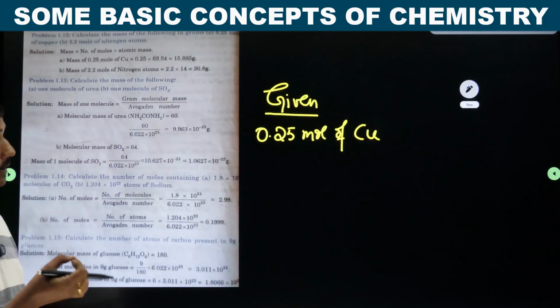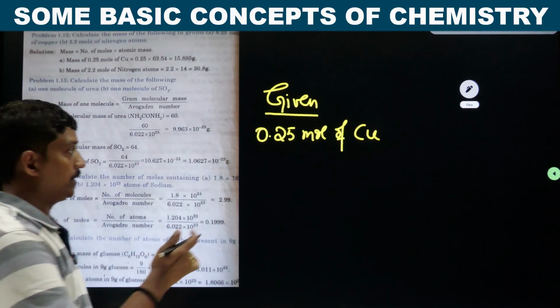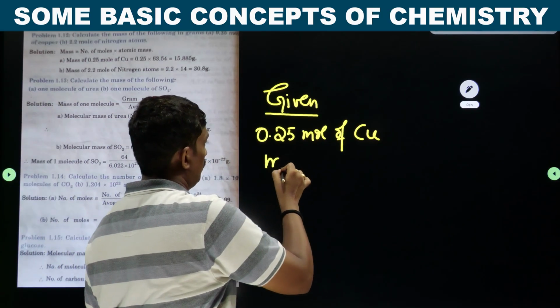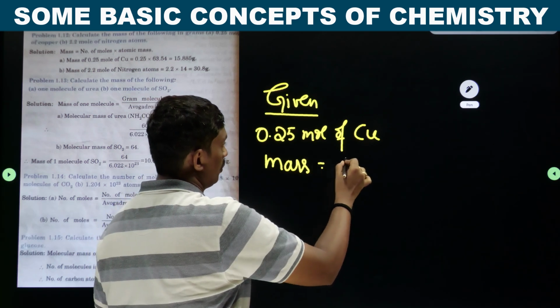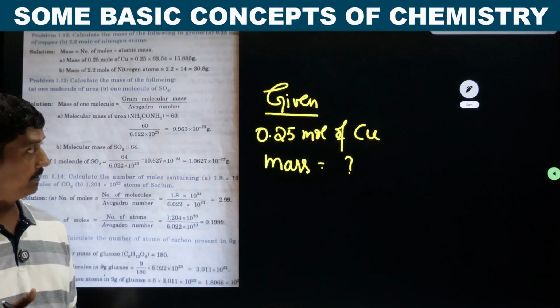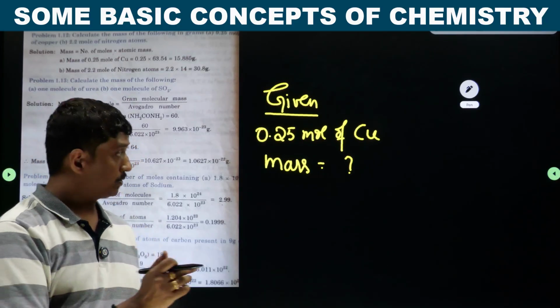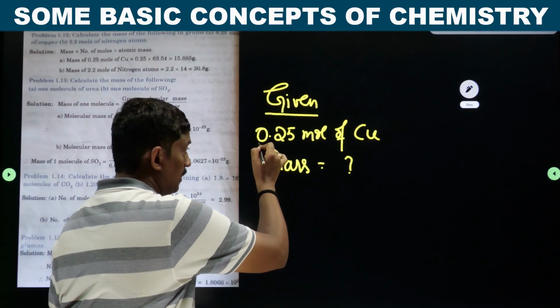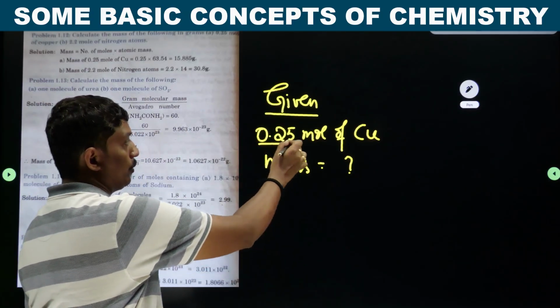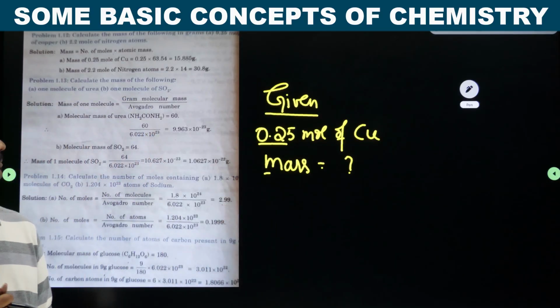They have given moles. What should you calculate? Mass. So mass is equal to question mark. Whatever I discussed, conversion of mass into moles, now they have given moles, 0.25 moles of copper, and you should calculate the mass. Very simple.